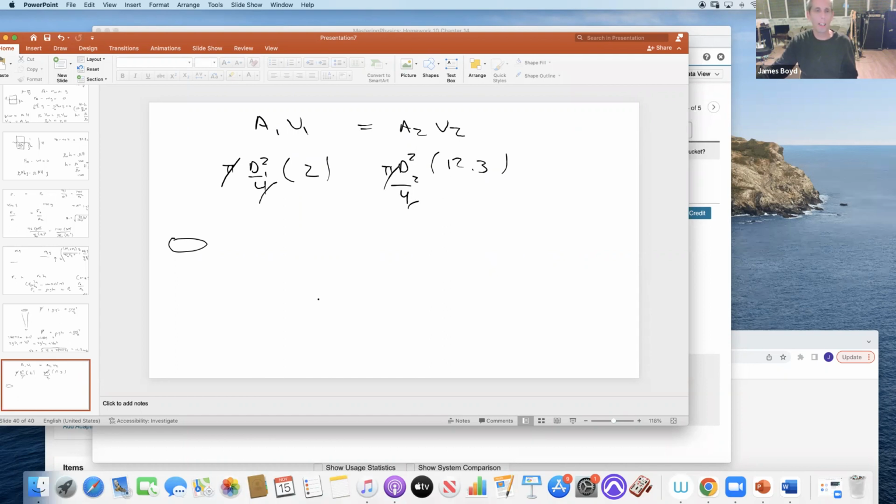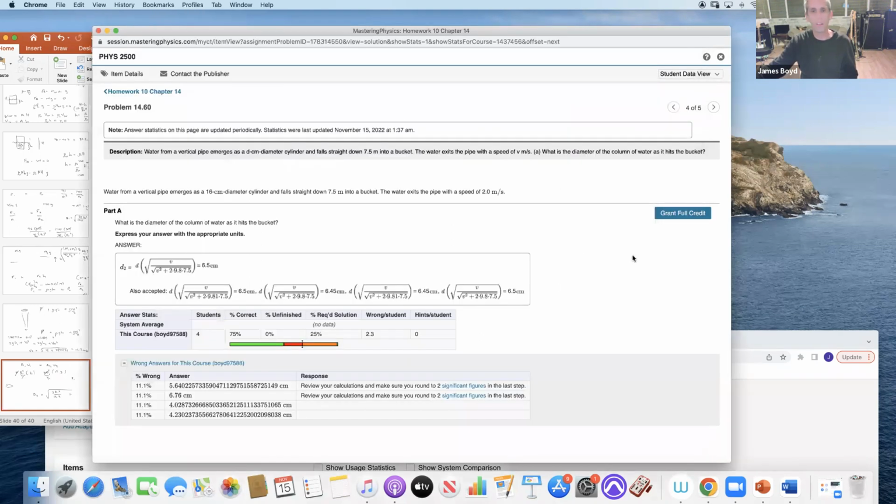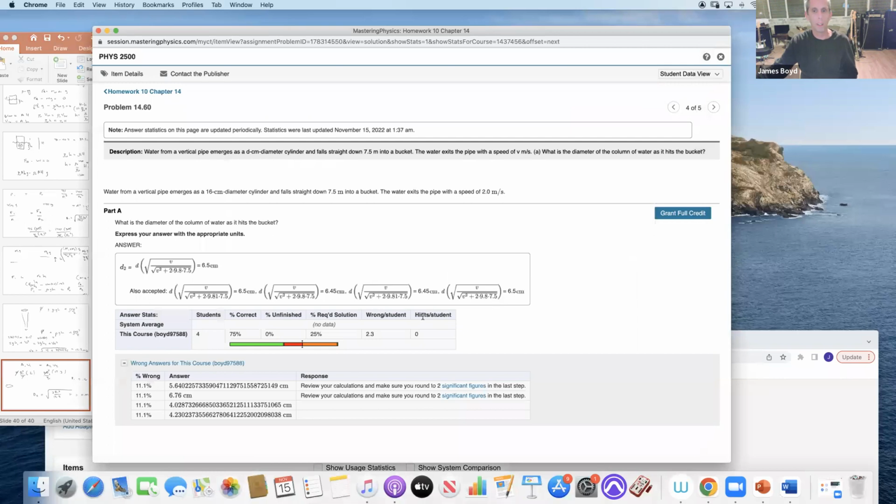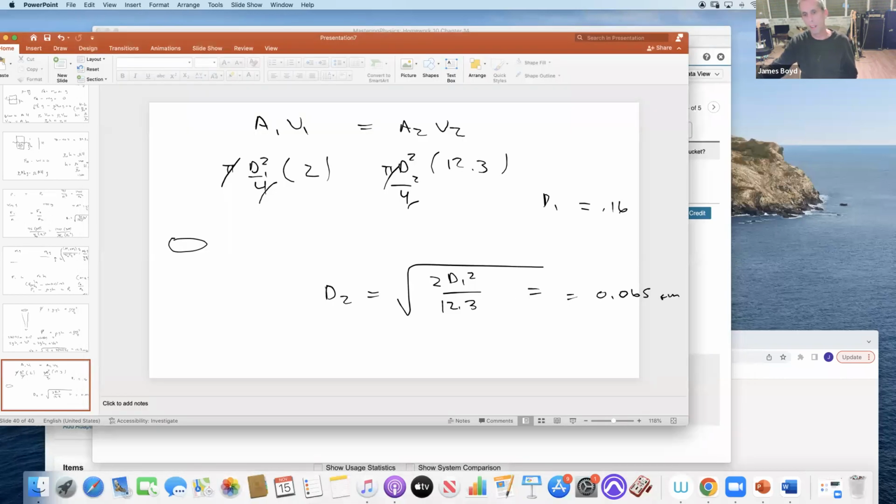Pi's and 4's go away, and I get that d2 is the square root of d1 squared times 2 over 12.3. D1 was 16 centimeters, 0.16. So 2 times 0.16 times 0.16 divided by 12.3. Square root of that answer is 0.065 meters, 6.5 centimeters. Sorry, this is meters.